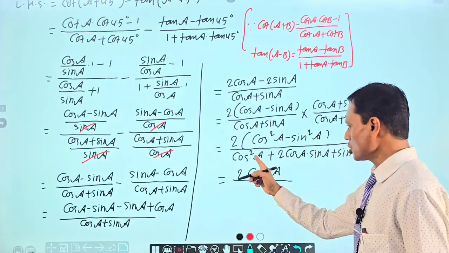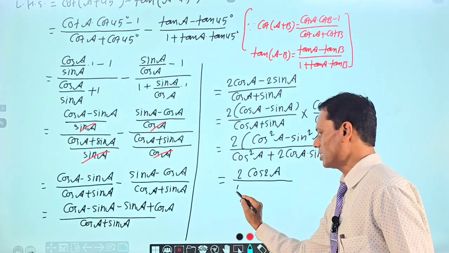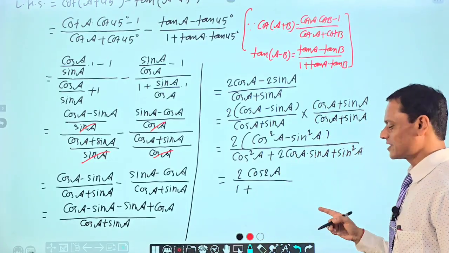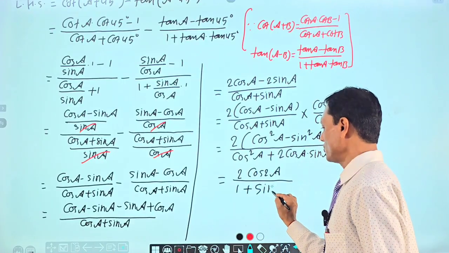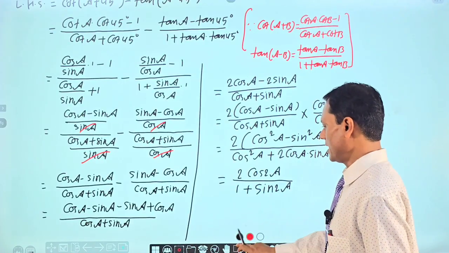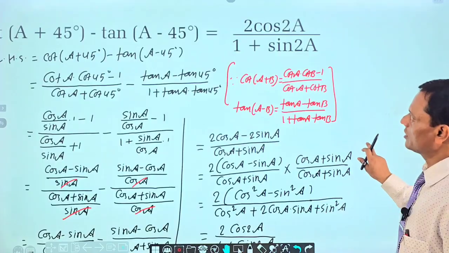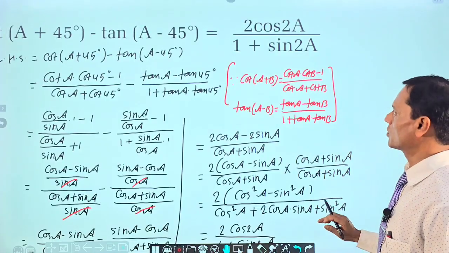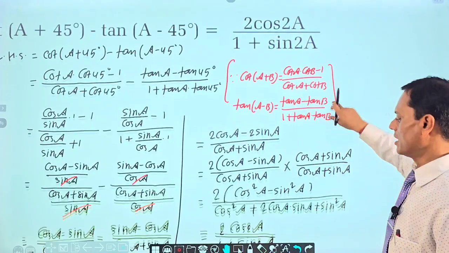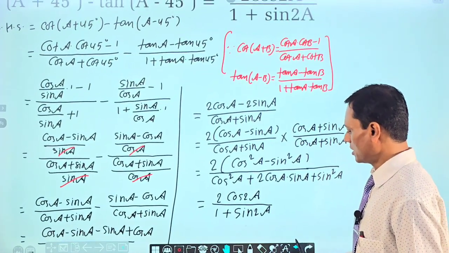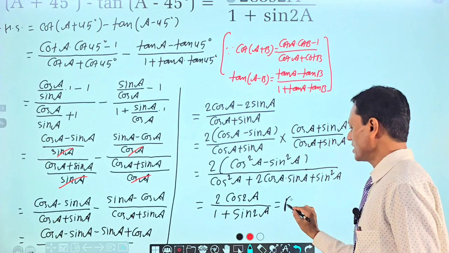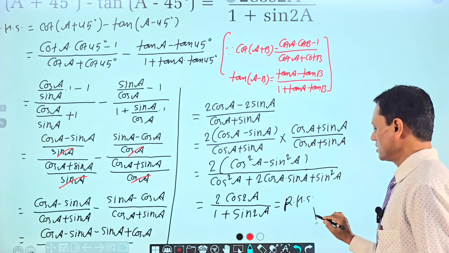And here cos square A plus sin square A is 1, and 2 cos A dot sin A or 2 sin A dot cos A is the same, so we can write here sin 2A. And it's our right hand side, 2 cos 2A over 1 plus sin 2A. You can see the right hand side, and we have got the same here. So lastly we can write here equals right hand side, and proved.